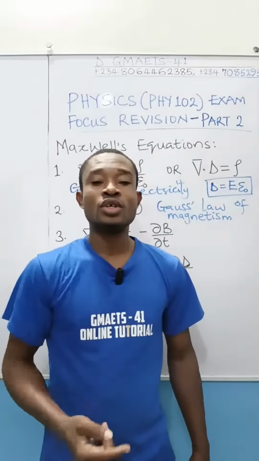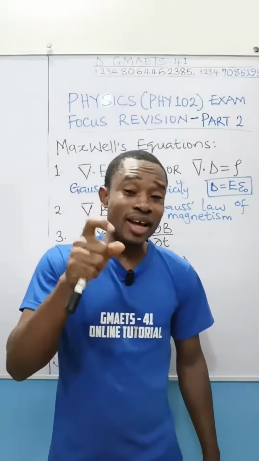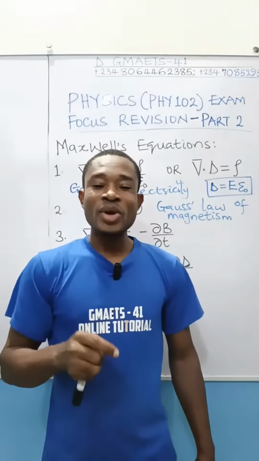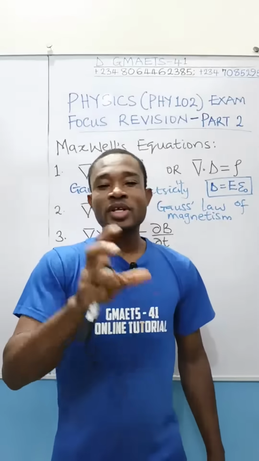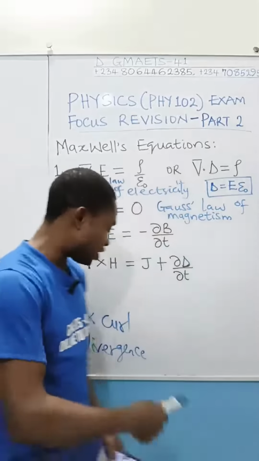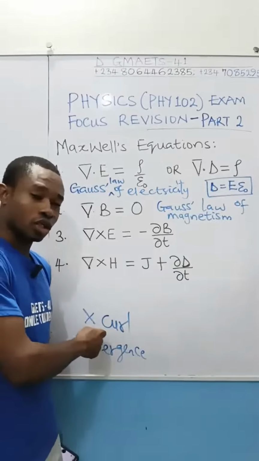Some of you will meet this concept of the Nabla symbol, which is a del operator, where it operates with respect to the mathematical process called divergence. We use dot for divergence, and then curl, we use this cross.